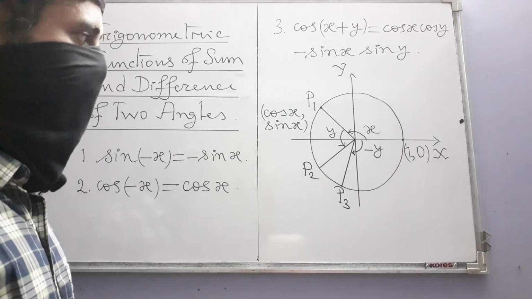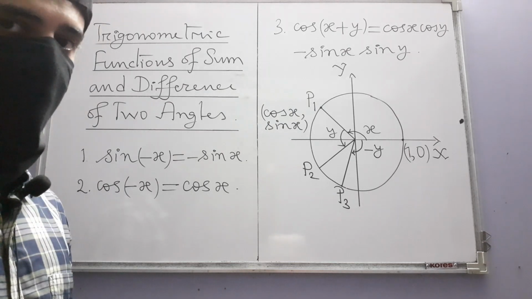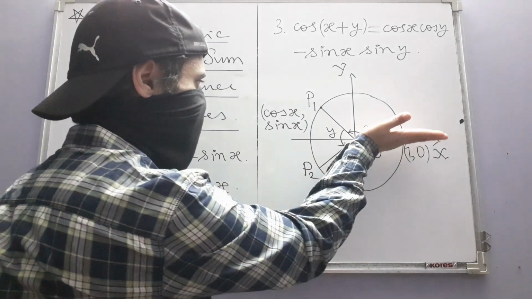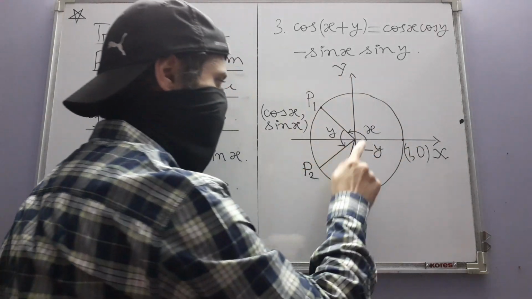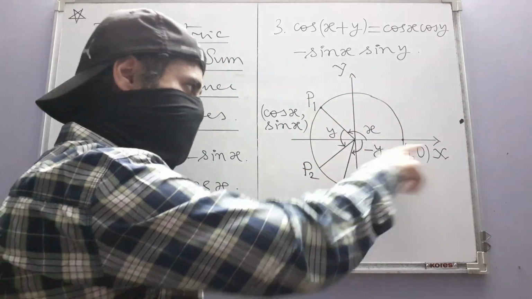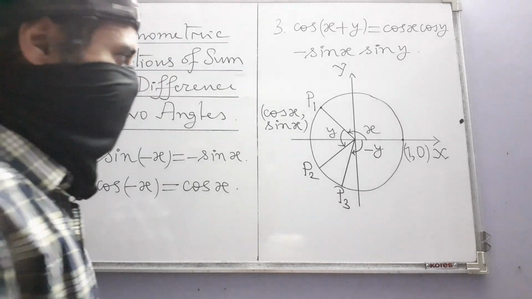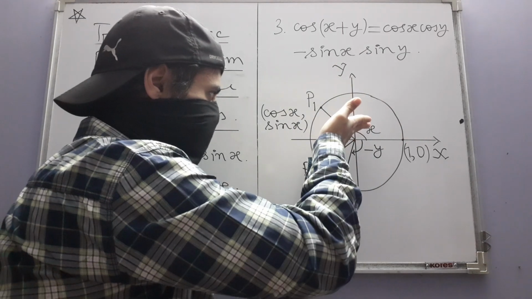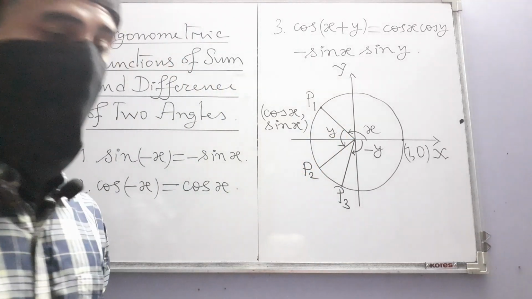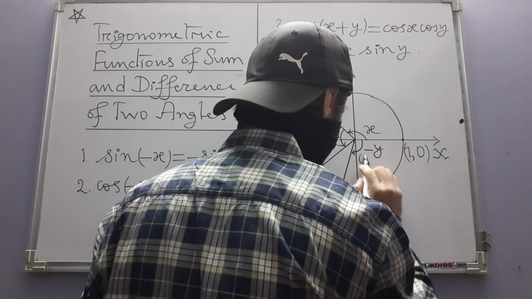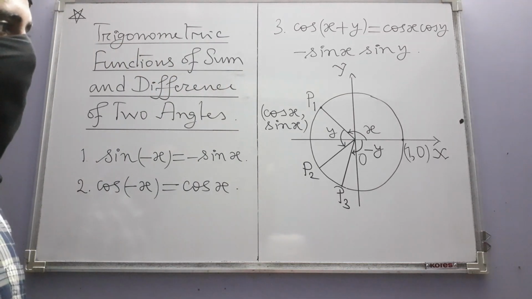All right. Now you can see that the angle x plus y is this angle whose initial ray is of course the positive x-axis, and the terminal ray is OP2. Oh, I did not name the origin. It's understood that the origin is O, but still we have to write.